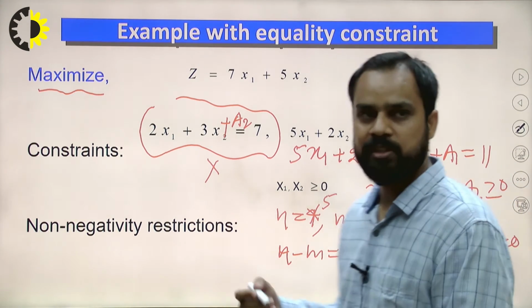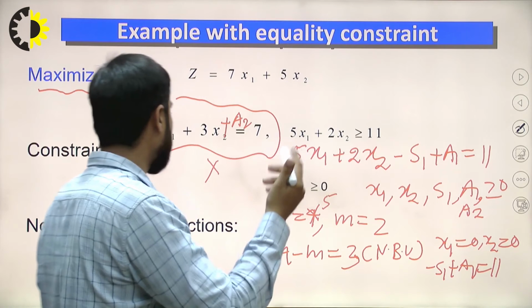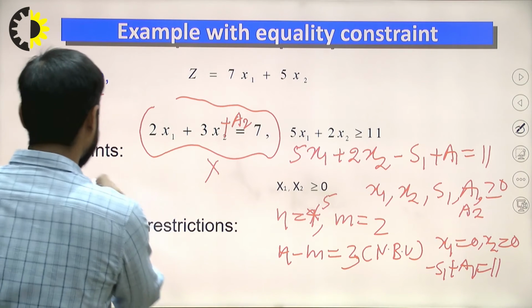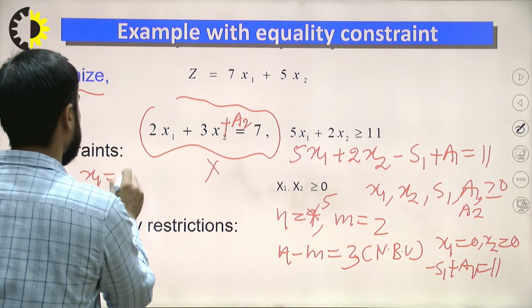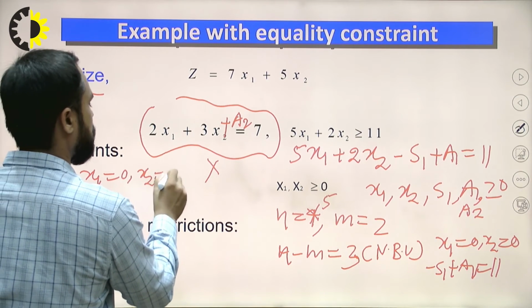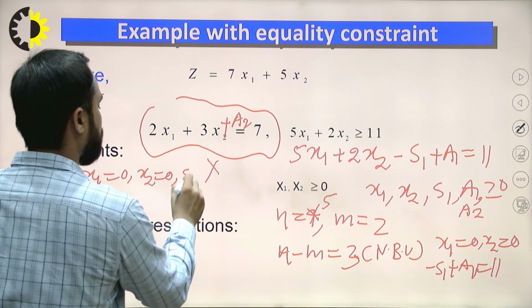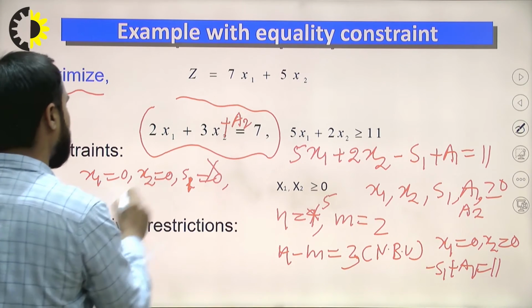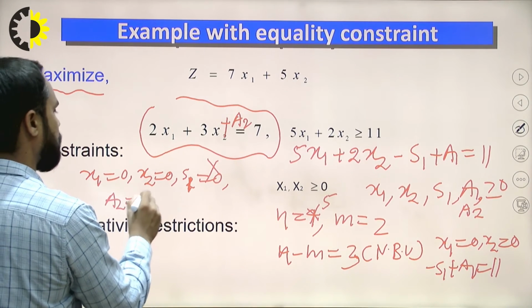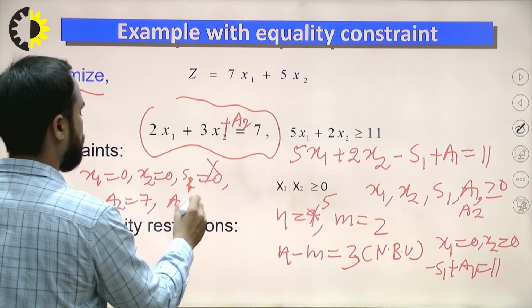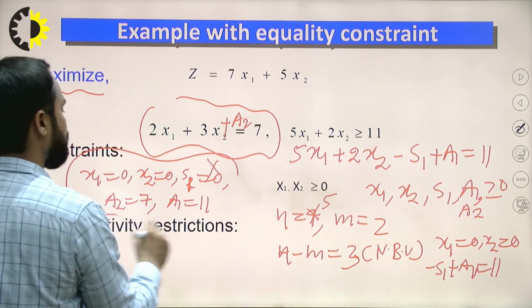So how many non-basic variables? 3. So I can put x1 equal to 0, x2 equal to 0, and s1 equal to 0. Then a2 is equal to 7 and a1 is equal to 11. That is the initial basic feasible solution.